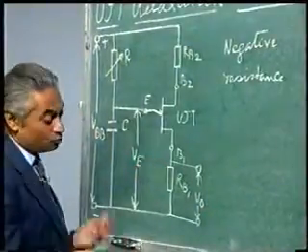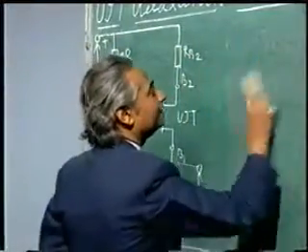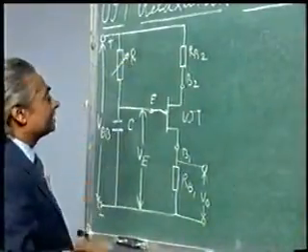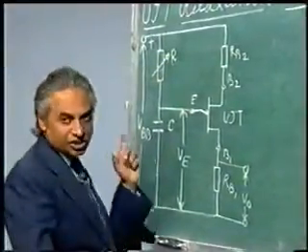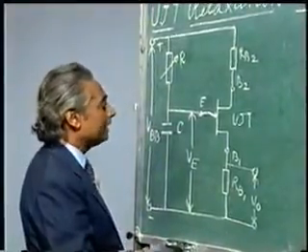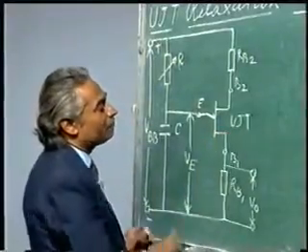Now what will be the shape of the wave you get as the output? You know that this capacitor will first charge, and when it charges, up to what voltage will it go? It will go to the voltage Vp, that is the peak point voltage of this UJT.